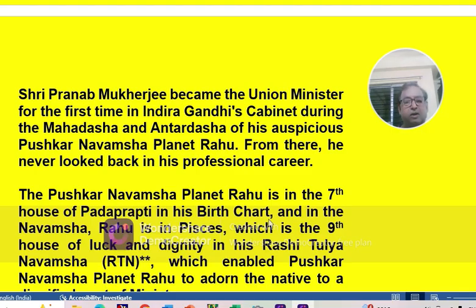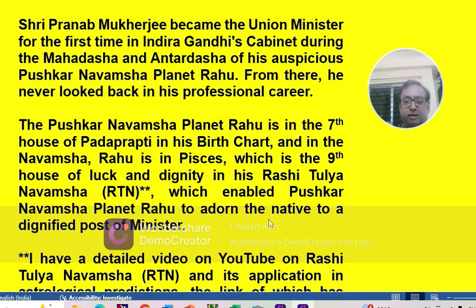Sri Pranab Mukherjee became the Union Minister for the first time in Indira Gandhi's cabinet during the Mahadasha and Antardasha of his auspicious Pushkar Navamsha planet Rahu. From there, he never looked back in his professional career.